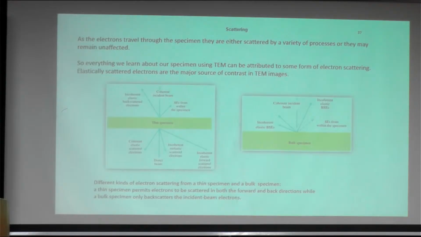If you can do that, then the beam can go through your thin specimen, and you can get different signals, like coherent elastic scattered electrons, incoherent elastic forward scattered electrons, and also the direct beam. All these electrons, scattered by different processes, you can use to analyze your sample.